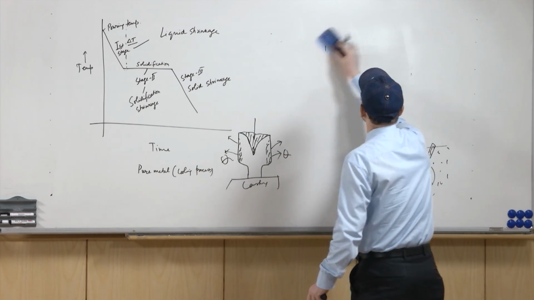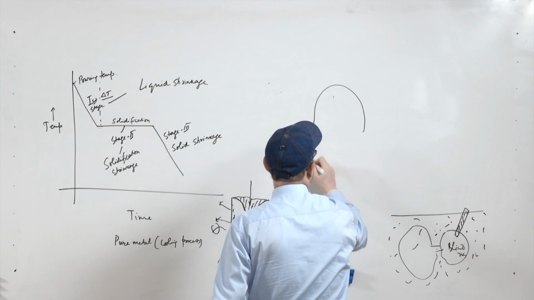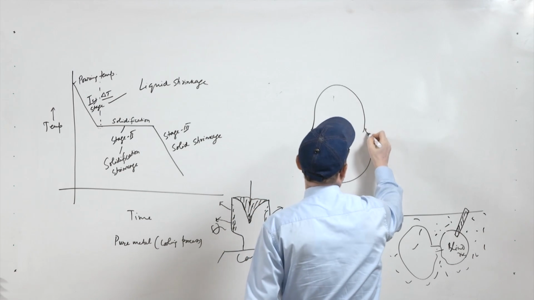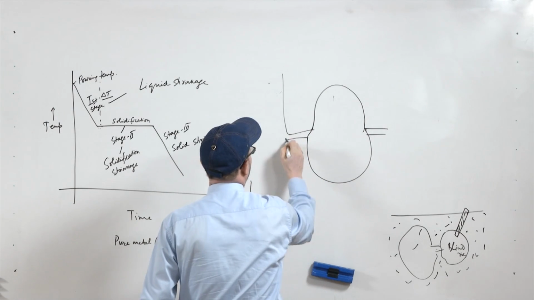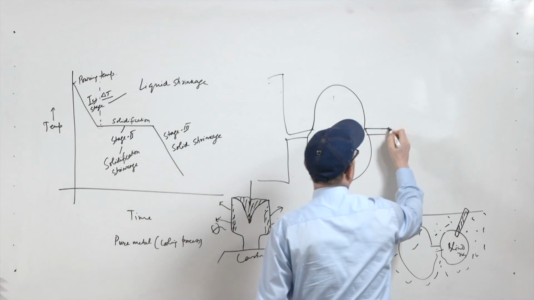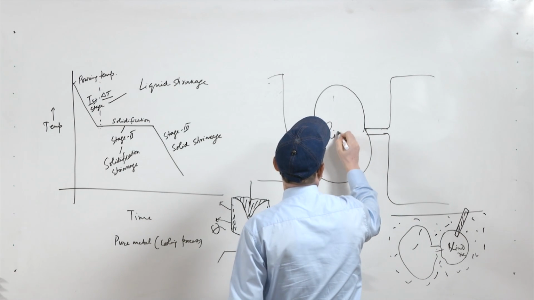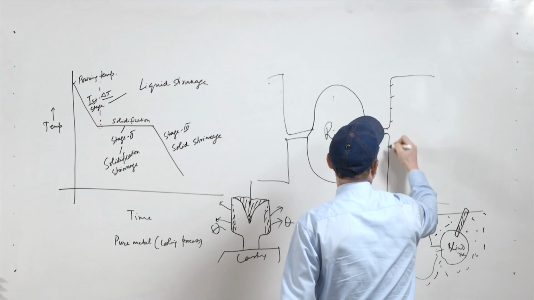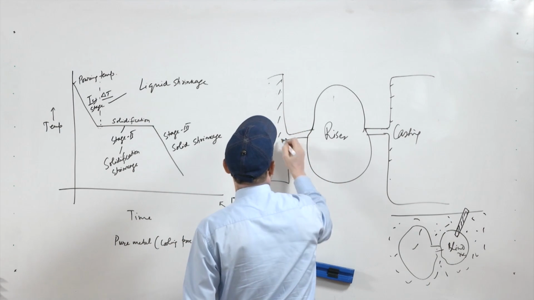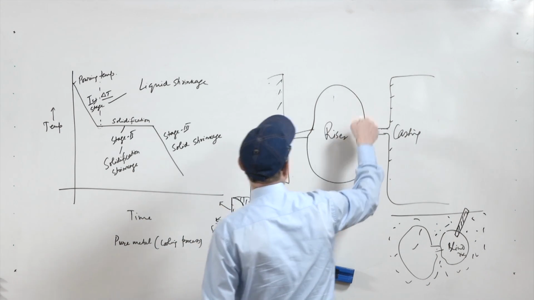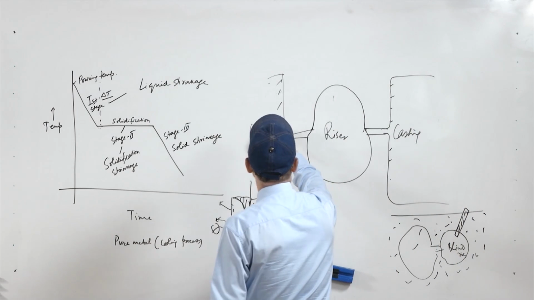So, you have a riser, and on the sides you have the casting, and the riser is here in between them. So, it is enveloped by the casting.